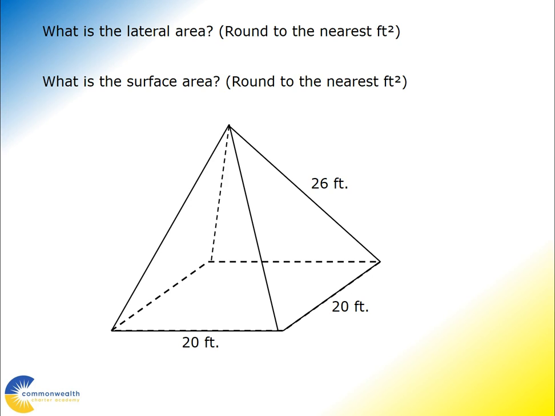But we also have a slant height of the pyramid, and then we have the edge of the pyramid. On a cone, the edge looks like it's the same as the slant height. On other pyramids, that's not the case. A lot of students will mistakenly say that this 26-foot edge is actually the slant height. It isn't. The slant height is basically the height of one of these triangular faces.